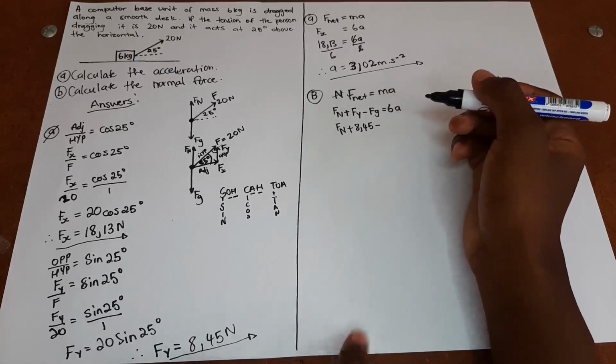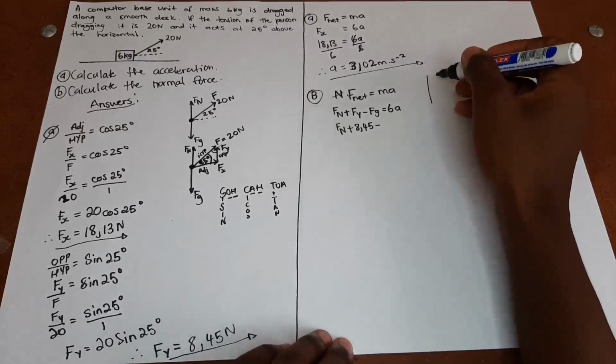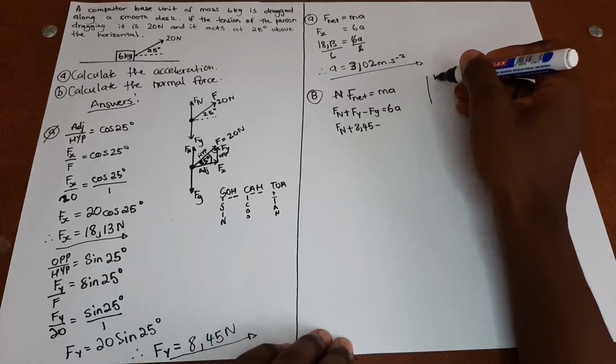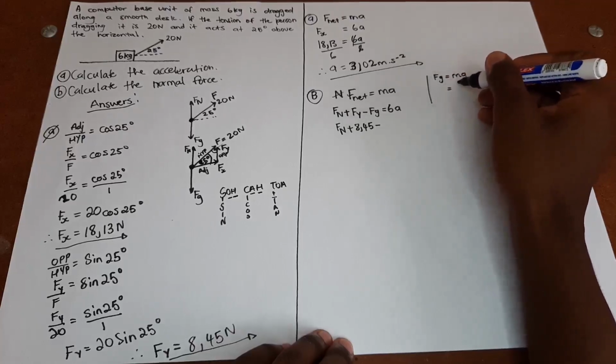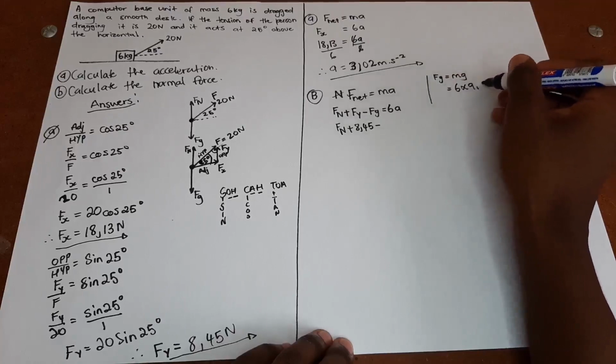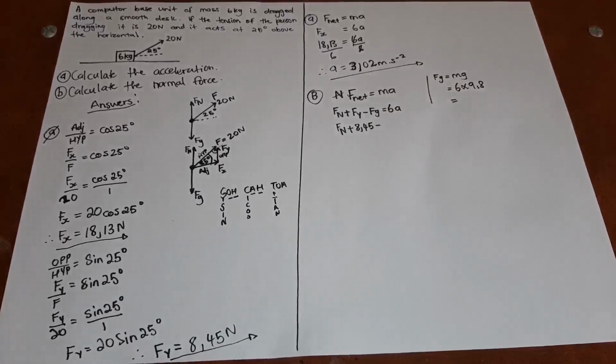Let's calculate our gravitational force. Our Fg is equal to mg, which is 6 multiplied by 9,8. Please press on the calculators, guys, so that you can see when I make a mistake with my calculations, and that makes things very easy.